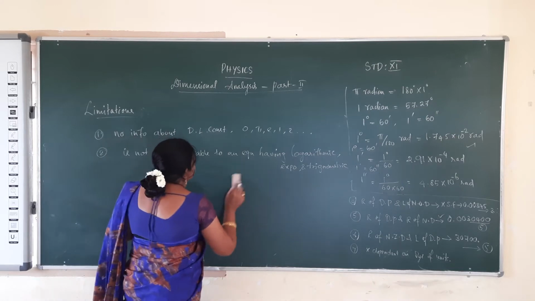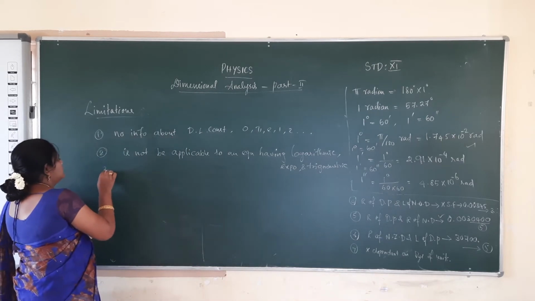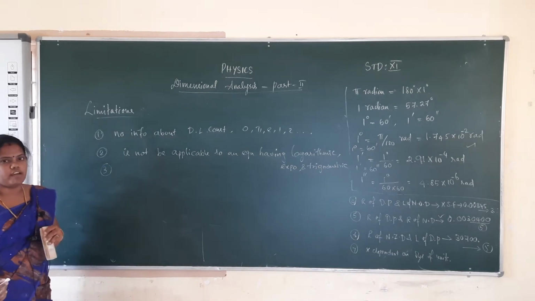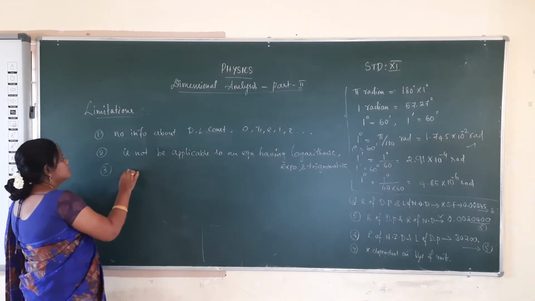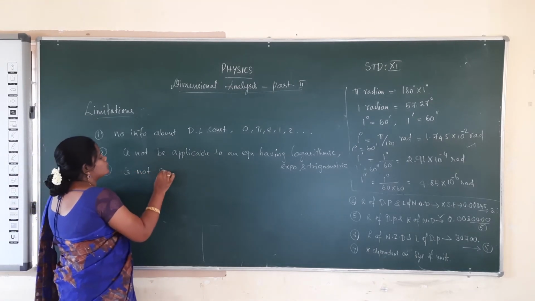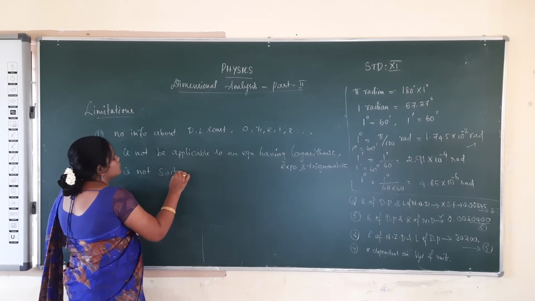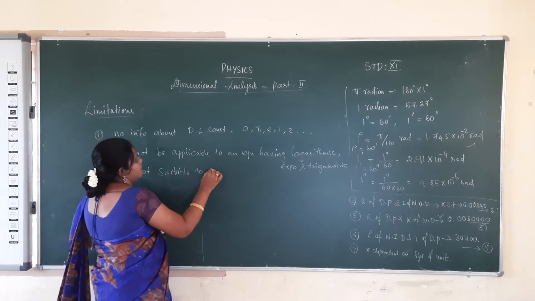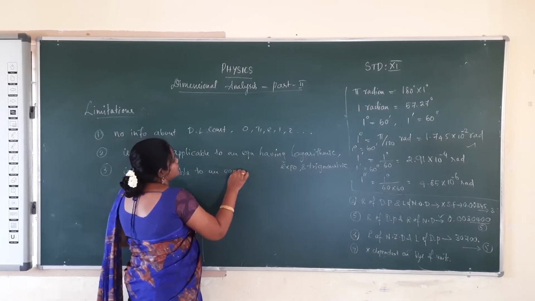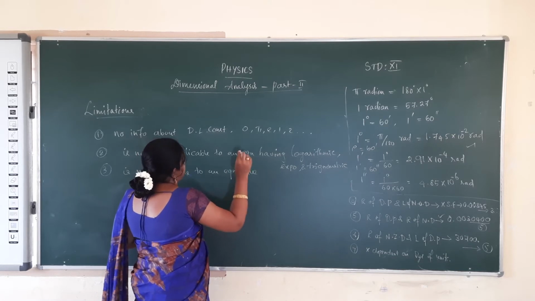And then the third one: it is not suitable for an equation having more than 3 physical quantities.